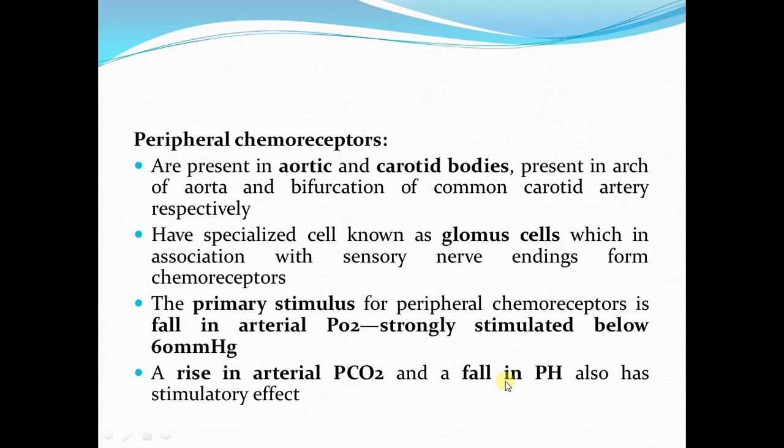Now we are going to discuss the peripheral chemoreceptors in detail, especially in reference to the decrease in partial pressure of oxygen in the arterial blood.